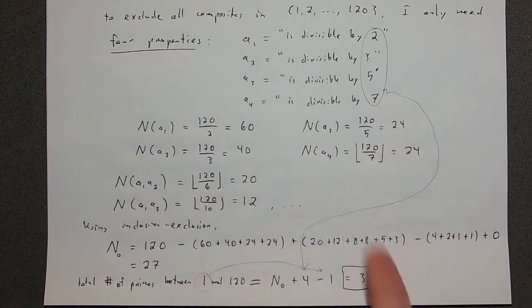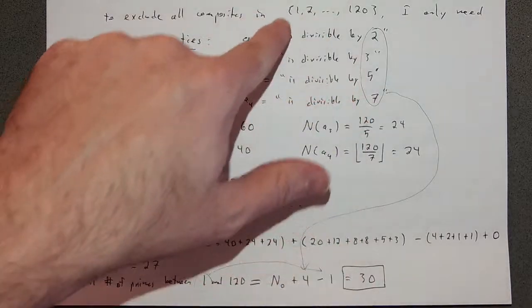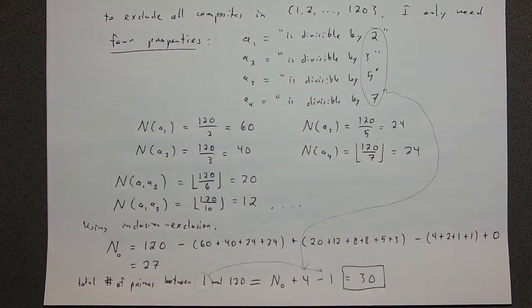But because there's only 4 primes and then the extra number 1, that's something we can easily take care of at the end, right? And so oftentimes that's exactly how your counting process is going to work. It is going to be done exactly in this way, where you have to make some mild adjustments depending on how you had to define these properties.